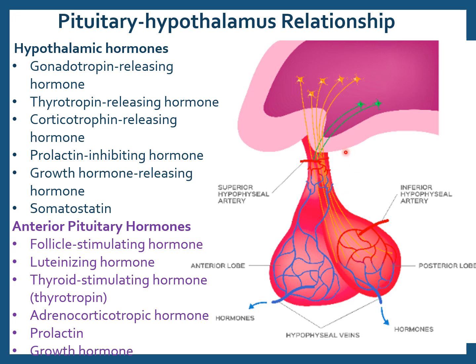But in this case, we have blood flow from an artery to a capillary to a vein, and then to a capillary again before it will enter a vein to leave the area. This is called a portal system. What connects the portal system of the anterior pituitary to the hypothalamus are these 2 venules here.